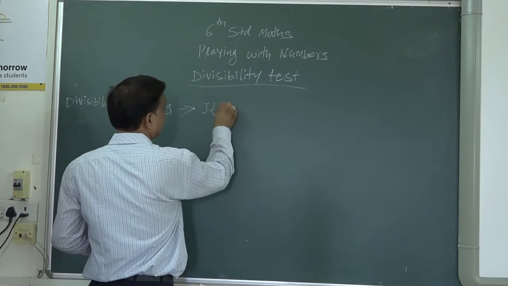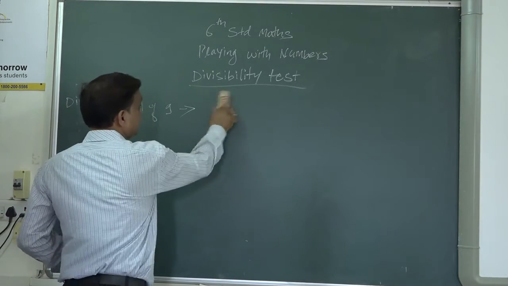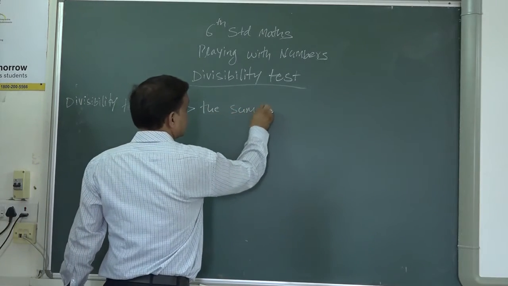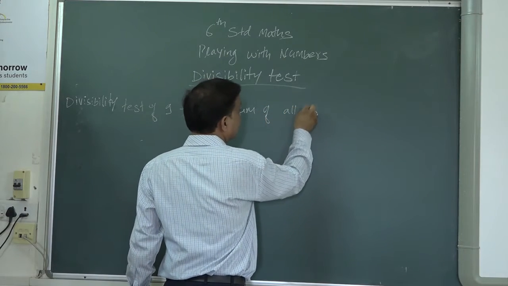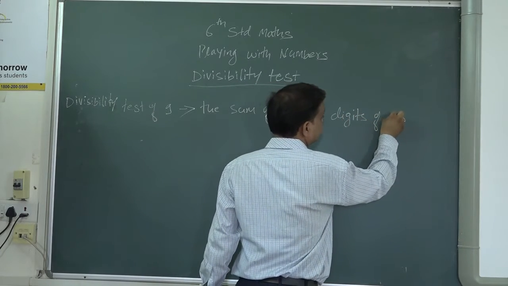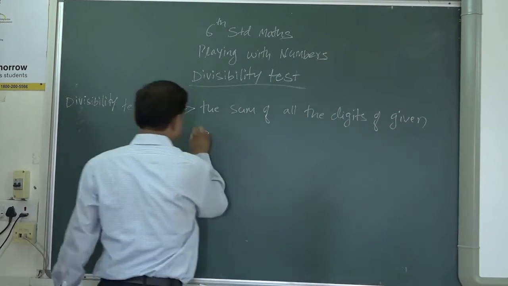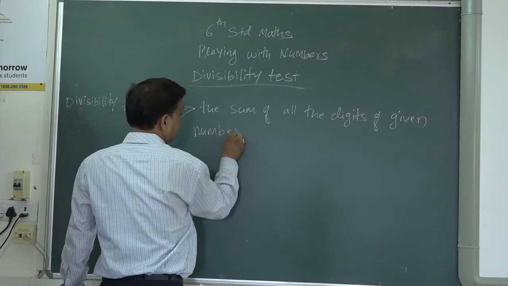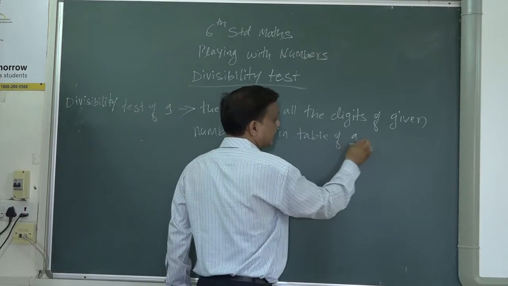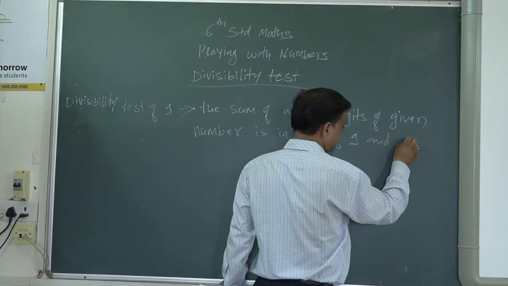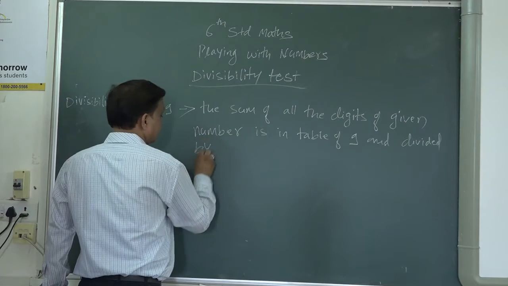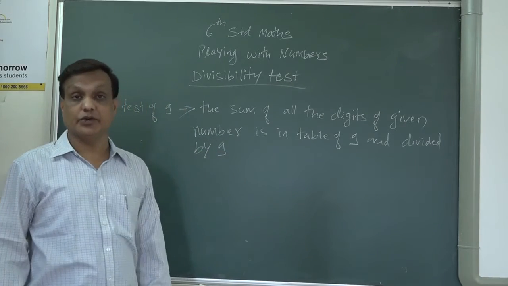If the sum of all the digits of a given number is in the table of 9, or divisible by 9, then that number is going to be divisible by 9.